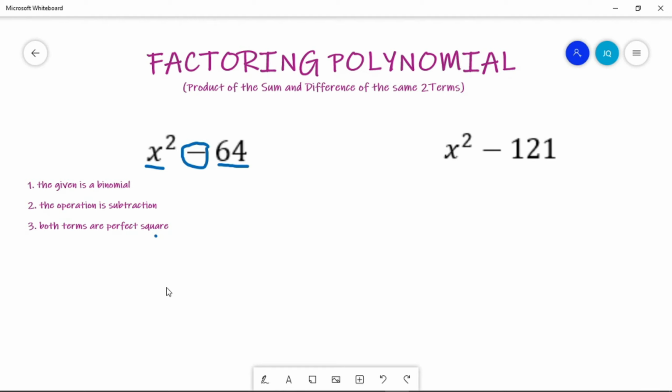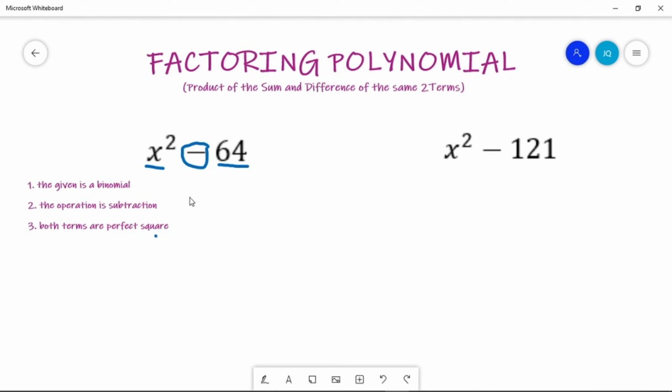It's like 4, 9, 25. No, when you try to extract its square root, the answer is a whole number. Okay, so that's how you know that it is the product of the sum and difference of the same two terms.